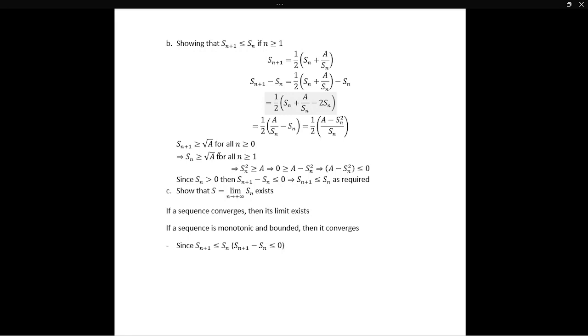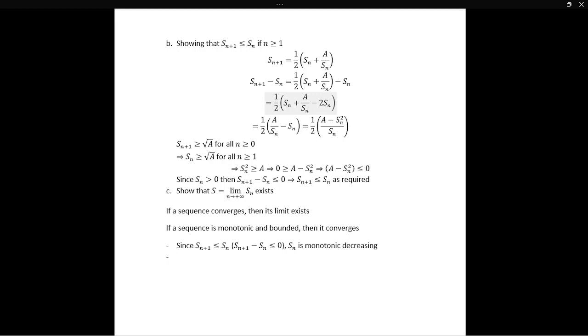That's what we are saying. So since that happens, we can say that the sequence s of n is monotonic, and it is definitely monotonic decreasing. Let's just specify that it's monotonic decreasing.